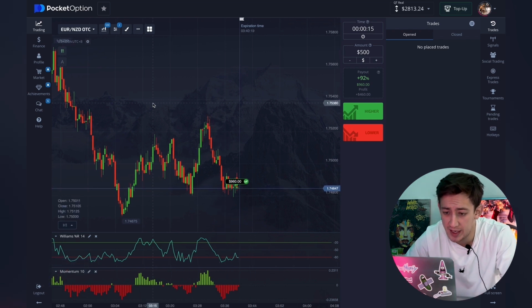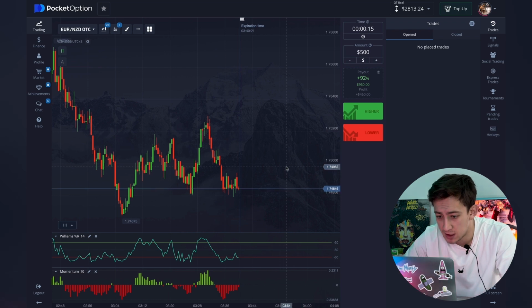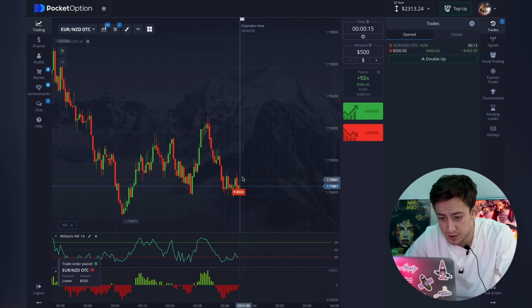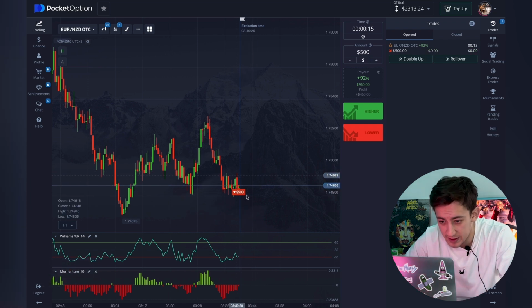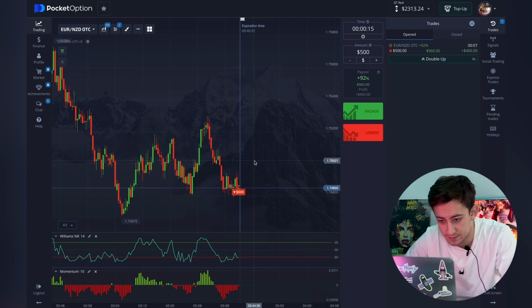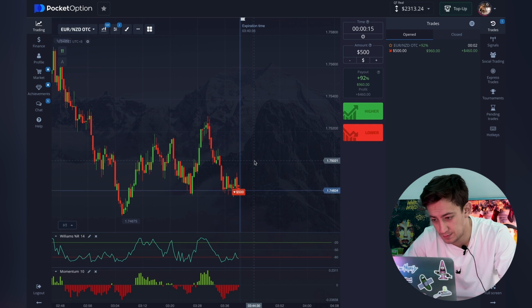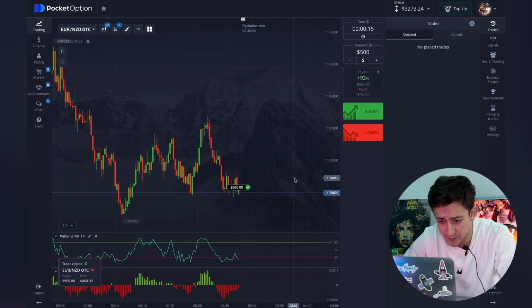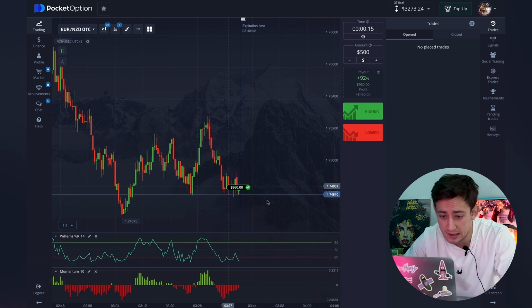I stay here again and just immediately enter another position downwards, following the indicator signals, and expect profit. Cool, profit is gained, perfect friends.